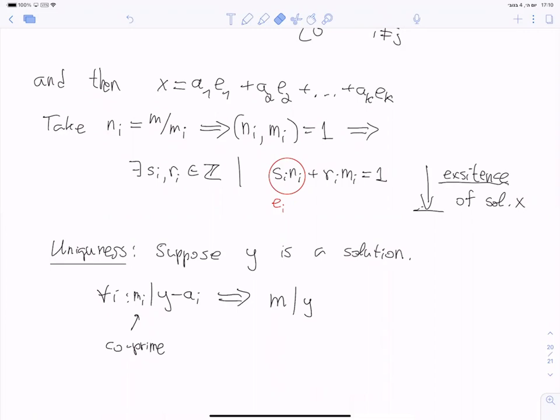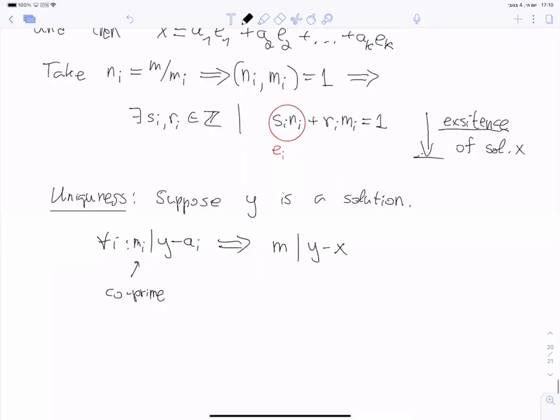I want to say that M divides Y minus X, because this is true also for X, of course.